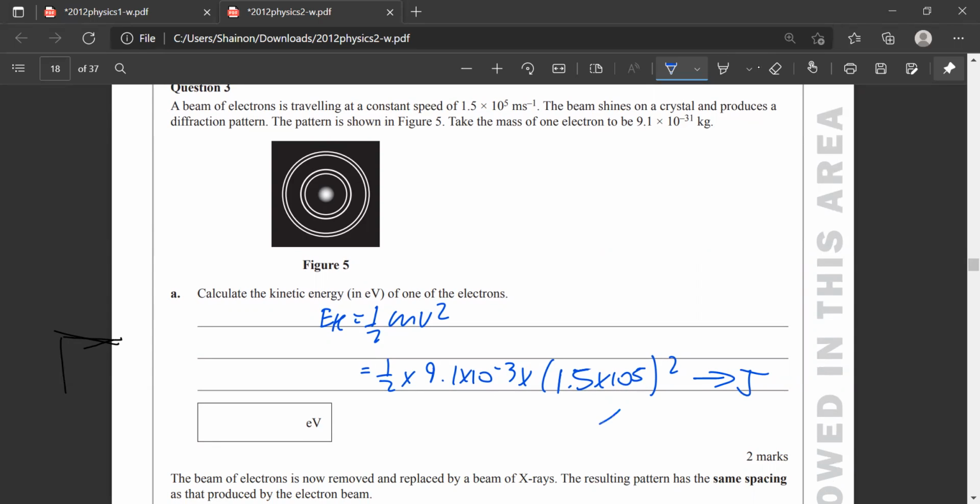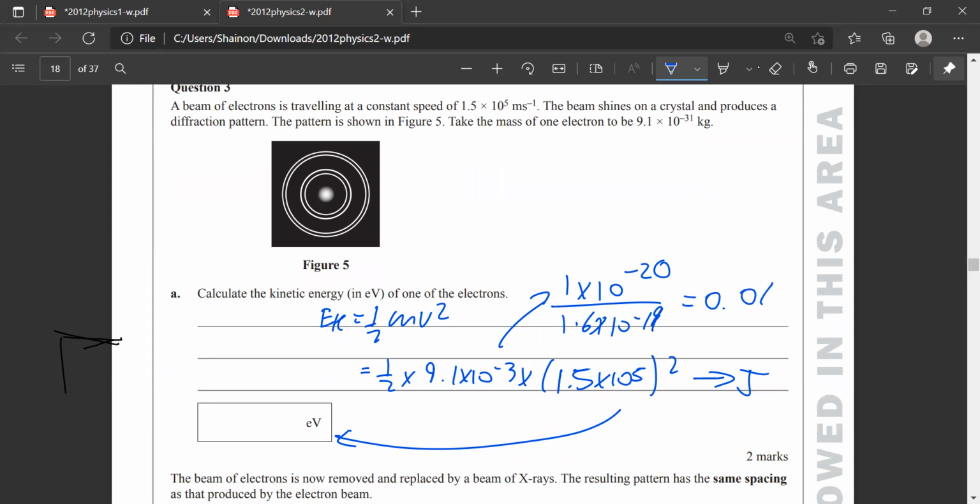So make sure you convert that to eV. So then divide by 1.6 times 10 to the power negative 19. That should equal 0.064 eV.